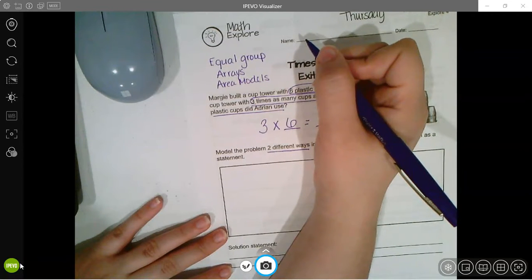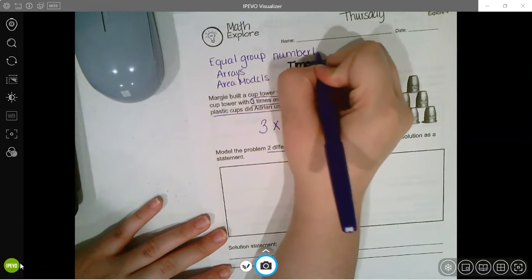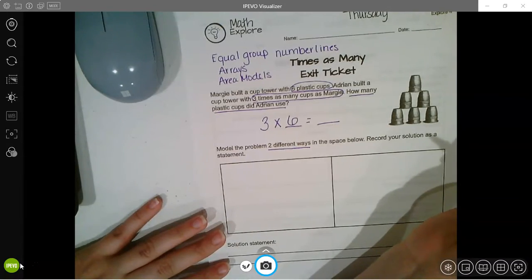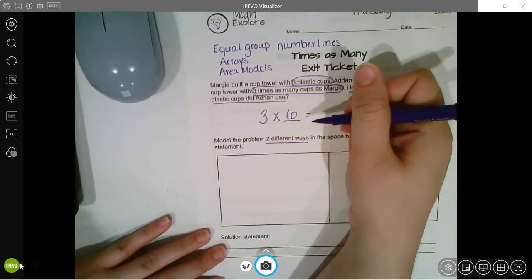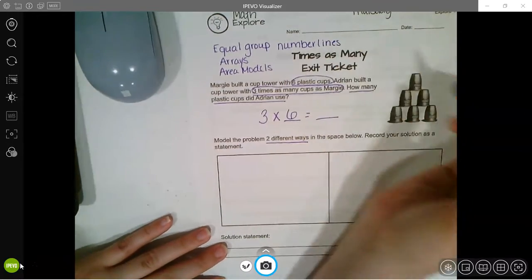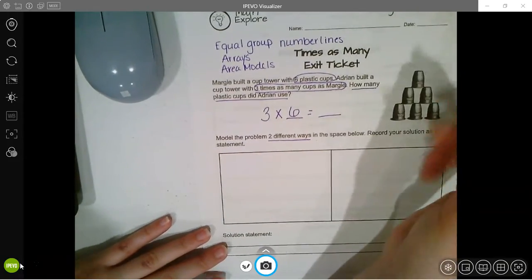We've learned number lines. So we can use any of those to show this problem. It's whatever works for you. If you think it's easier to do it in equal groups, do it in equal groups. If you think it's easy to do the repeated addition, do the repeated addition. It's what works for you.